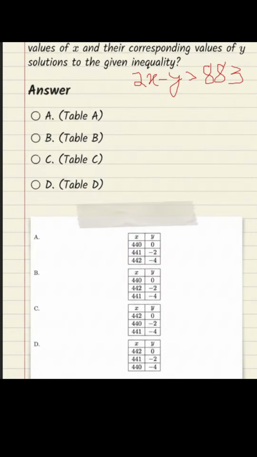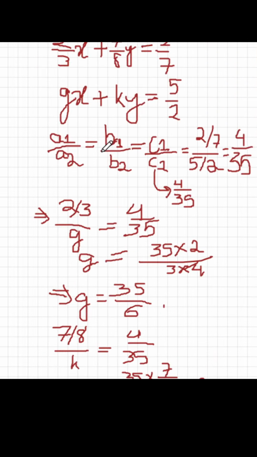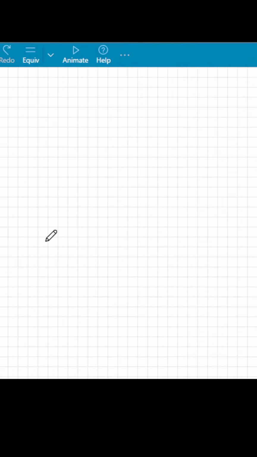Okay, so let us try to solve this question. So we are given this inequality, which is 2x minus y is greater than 883, and we're given four tables, each having three sets of x and y values, and we have to find which one correctly satisfies this inequality.